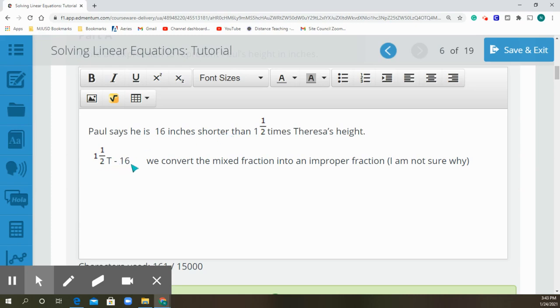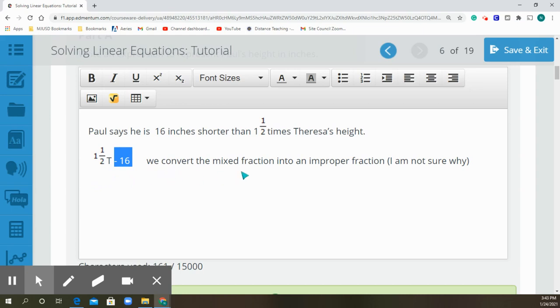So minus 16, 16 inches shorter than one half times Teresa's height. So one half times, when there's a number next to a variable, it's implied that there's a multiplication symbol right there. So 1.5 times t minus 16 should be Paul's height.